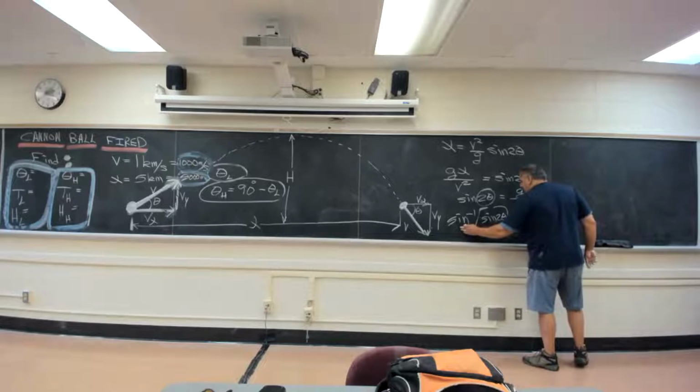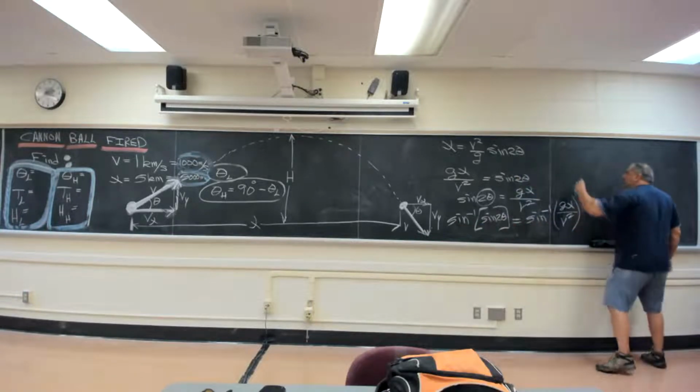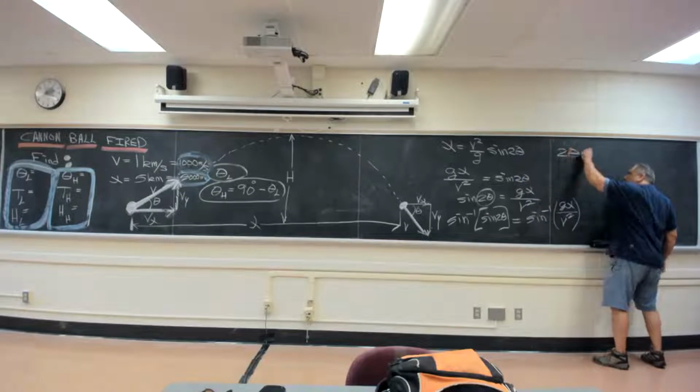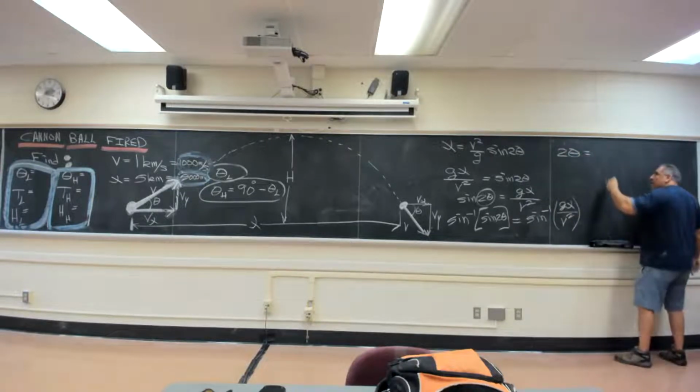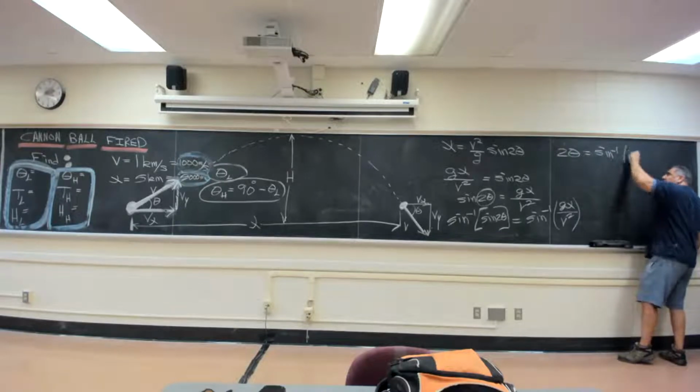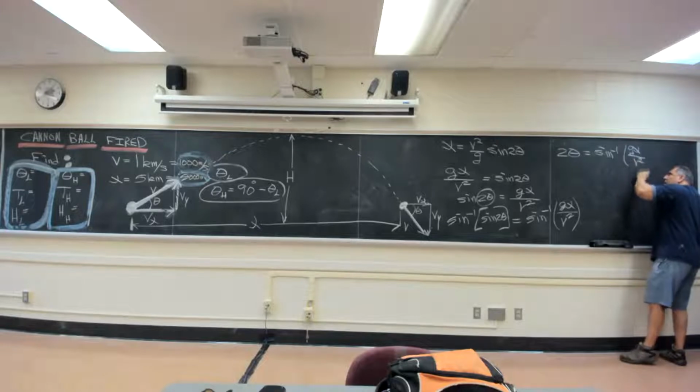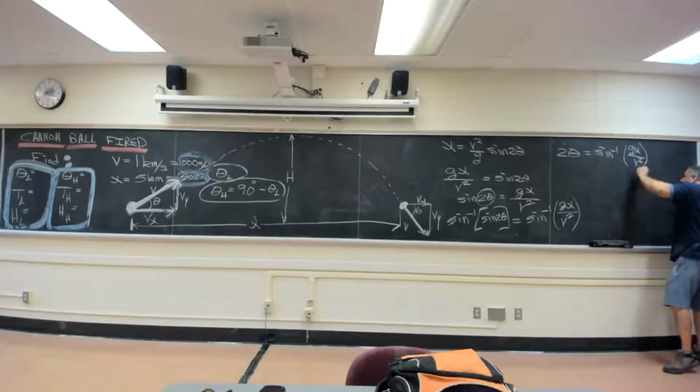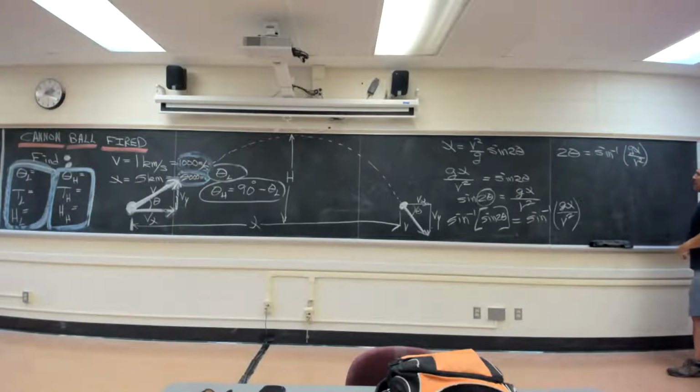The inverse sine of sine 2 theta is 2 theta. The inverse sine of gx, and we've done some of this in the class before, so we should be all right, at least with some people.